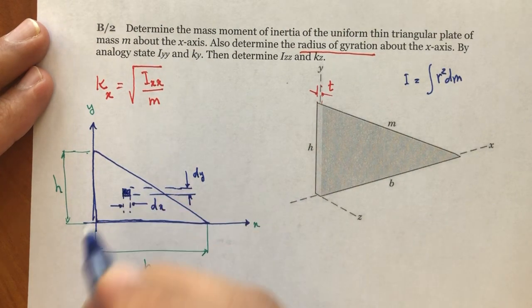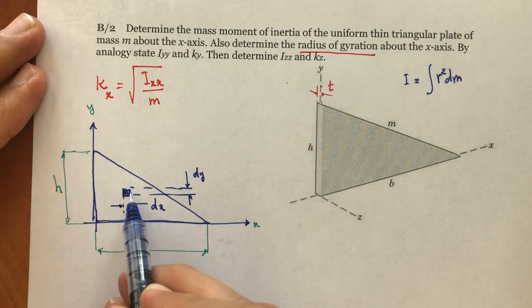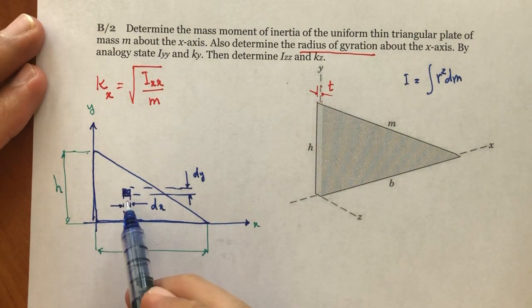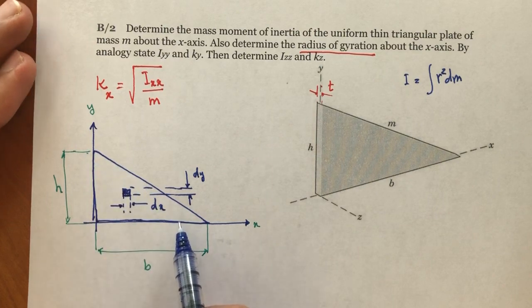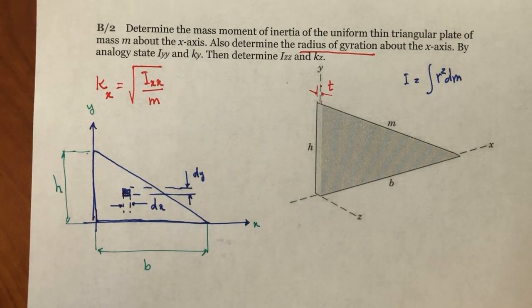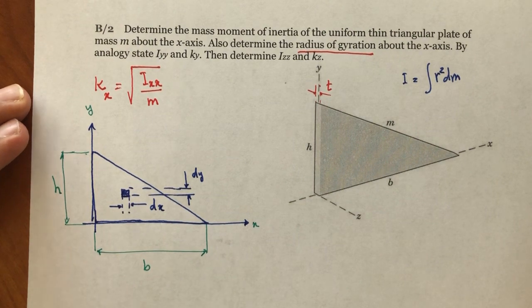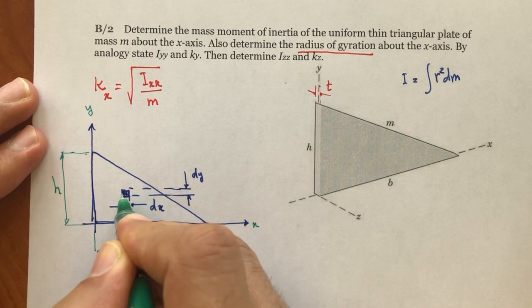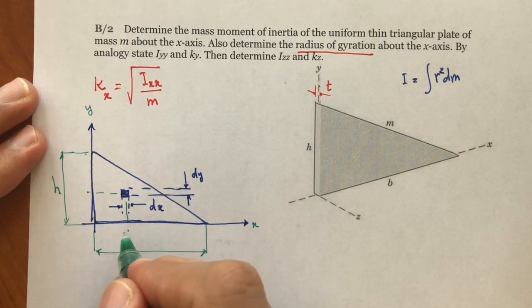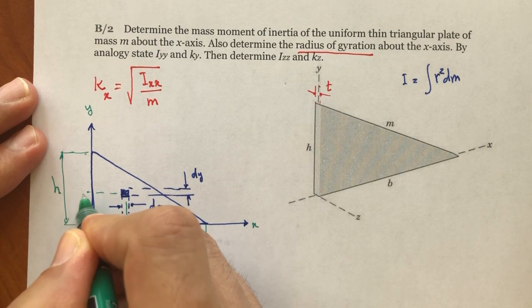And I can cover the whole area with a very, very tiny cube like this, right? I can sweep the whole area with this tiny integral element. And the coordinate of this element, let's say it is x and y. So this distance is x, and this distance is y.